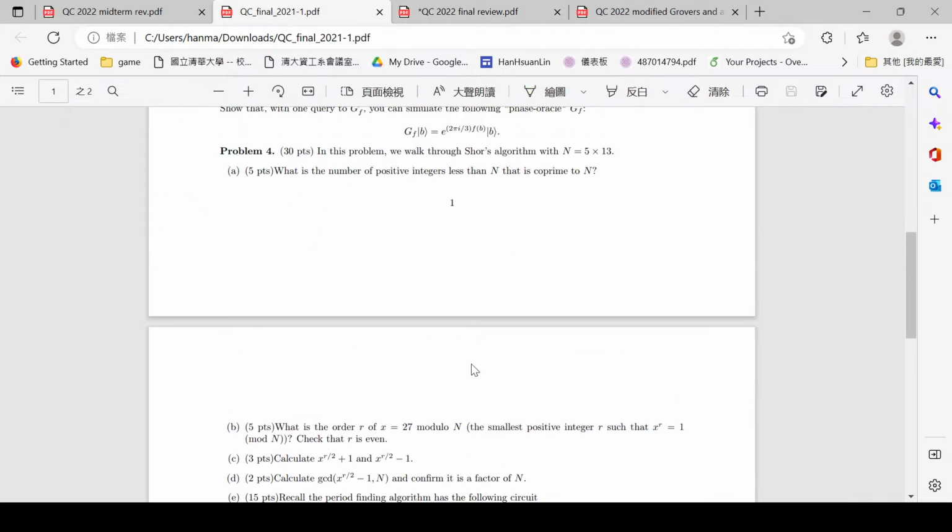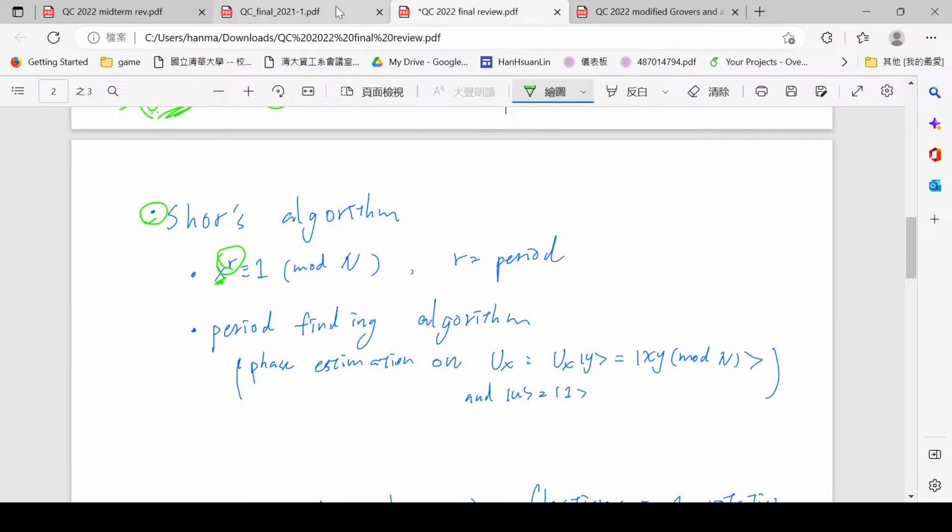And also remember there are some number theory and group theory around this co-prime thing. So let's say n equals pq, hopefully you still remember this.